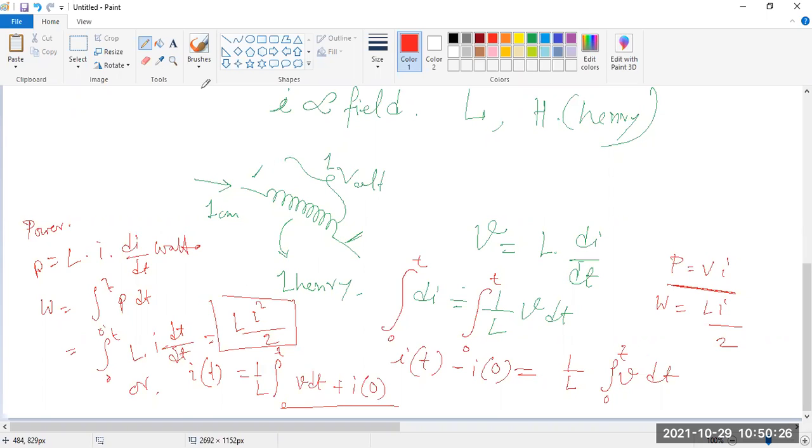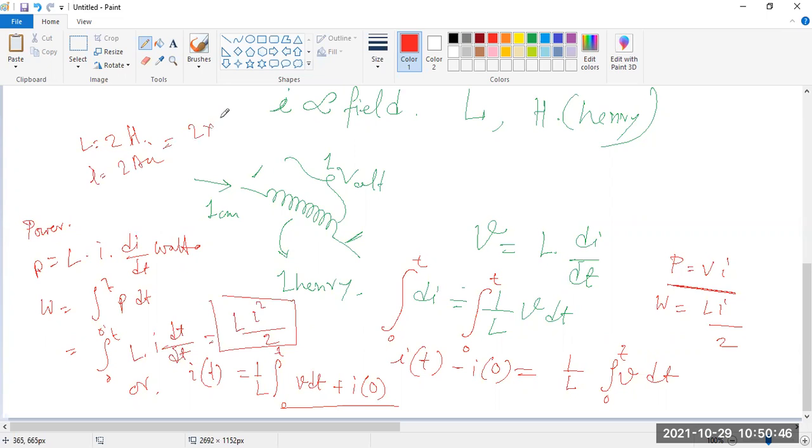So if a numerical comes to you that says the inductance is 2 Henry and the current is 2 ampere, what will be the stored energy? Then you can easily find out.